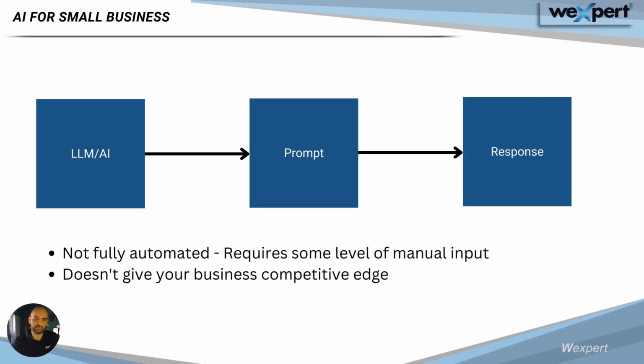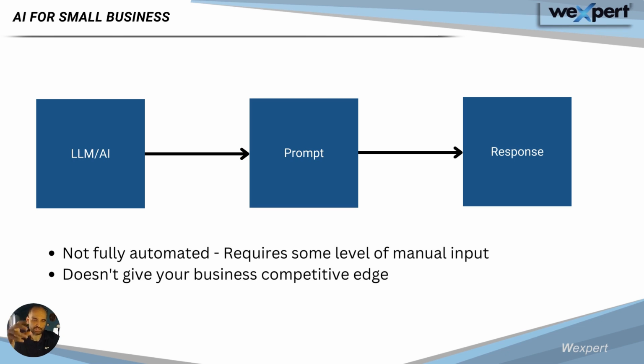So first of all, I want to explain there are a couple of options for small businesses to use AI. The most common way, I'm sure you're familiar by this point, is going to a language model, for example ChatGPT, and you put a set of prompts into the system, and the system analyzes your data and responds with an appropriate answer.